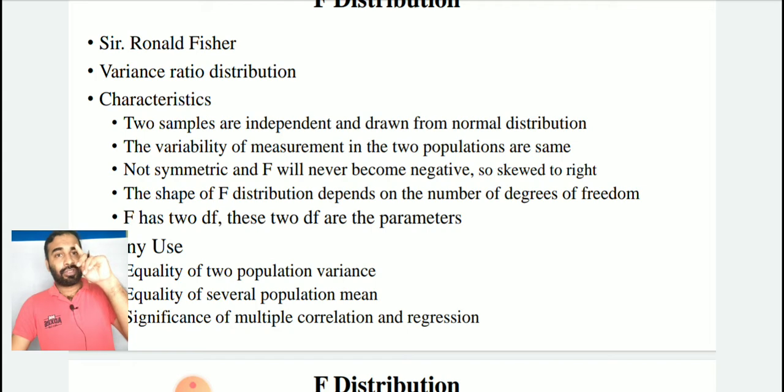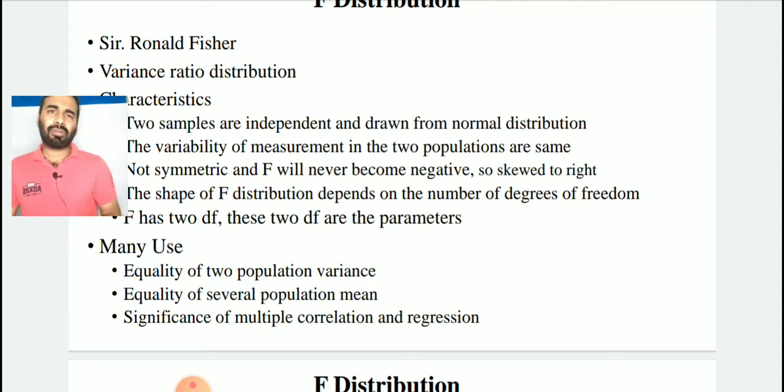The degrees of freedom for the numerator, df1, and for the denominator, df2, are the two parameters of the F distribution. If you want to know more about these properties, you can refer to a standard textbook. All these properties are mathematically explained by S.C. Gupta in his textbook, so if you want to go to that level, you can refer to that book.